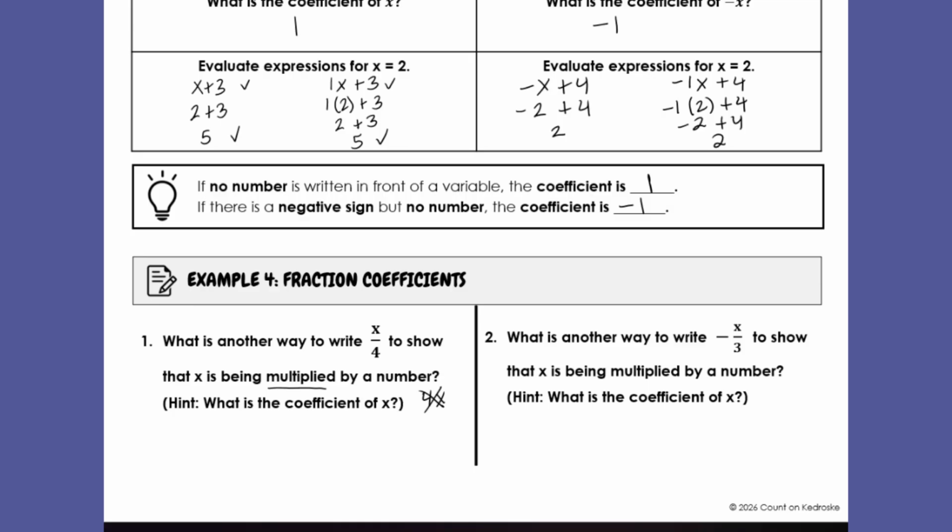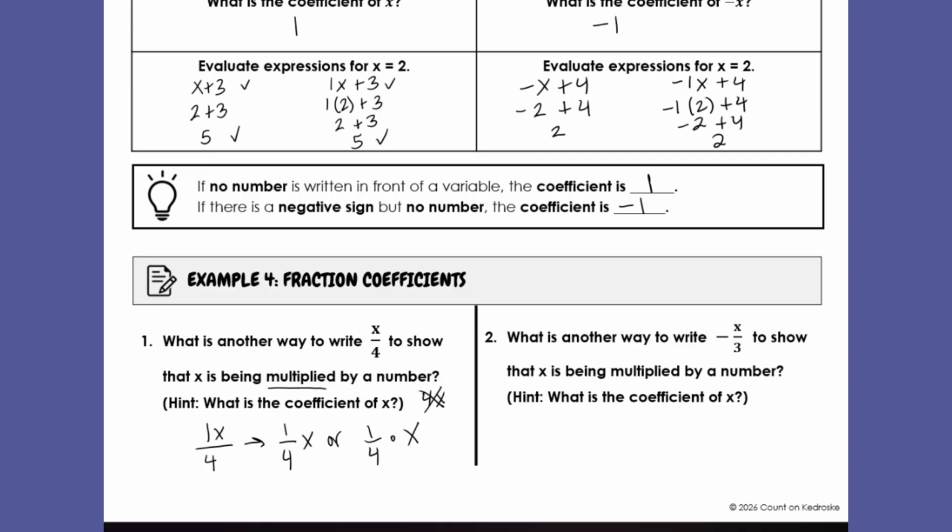If you think back to our previous lesson, what number is always in front of x? 1. So we think about this as 1x divided by 4. Another way of thinking of that is 1/4 x, or 1/4 times x. So dividing by 4 is the same thing as multiplying by 1/4.